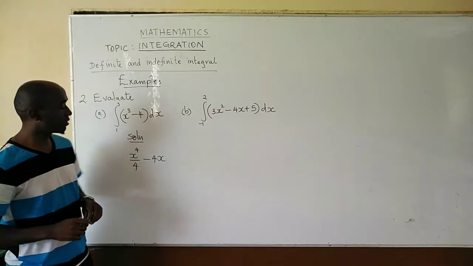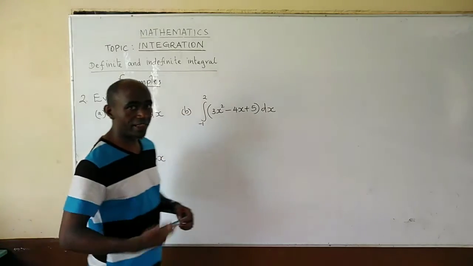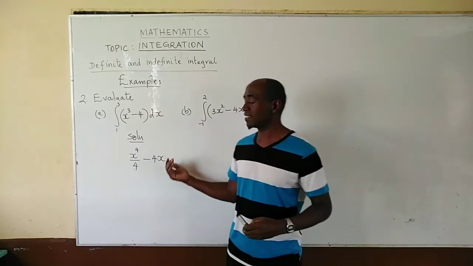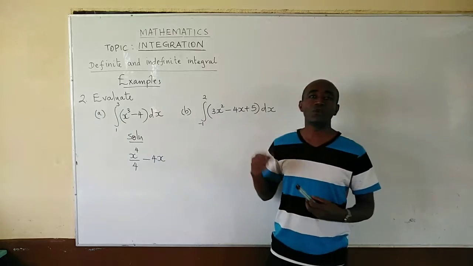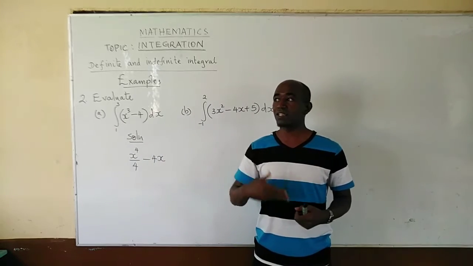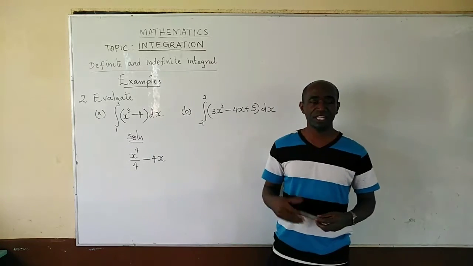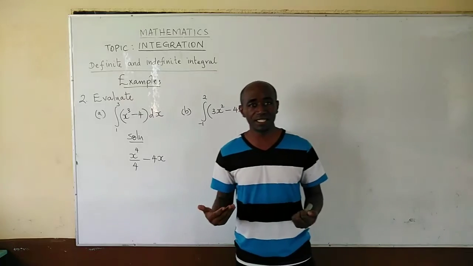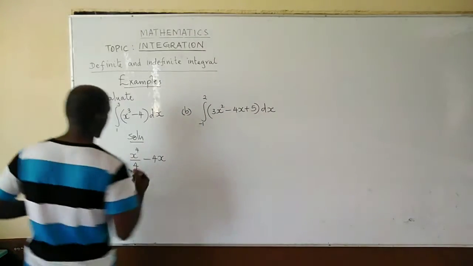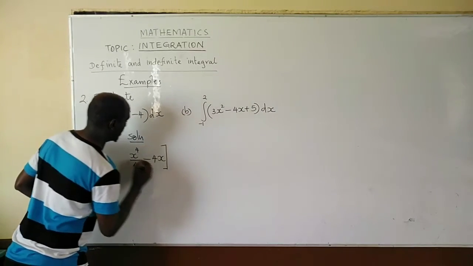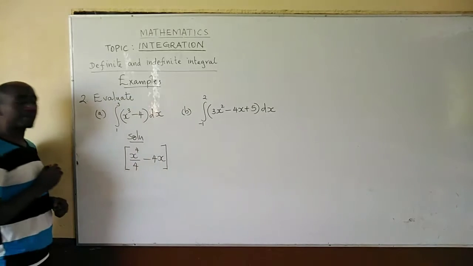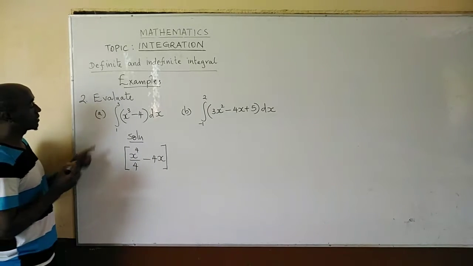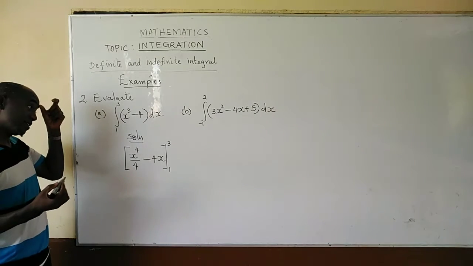The reason is, if you put c, at the end, when you subtract, the c will cancel and disappear. So we just insert the square brackets like that. Then the limits. The lower limit is written here, 1. The upper limit, 3, is written here. That is step number 1.